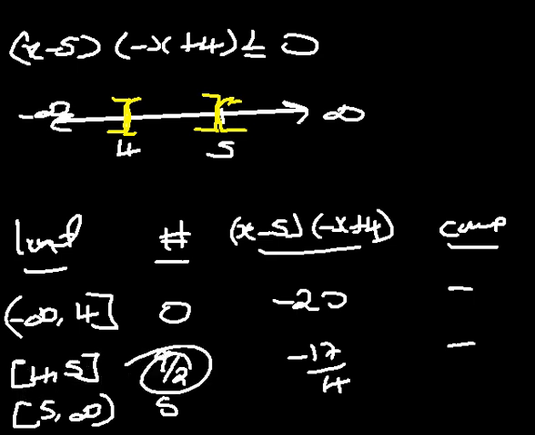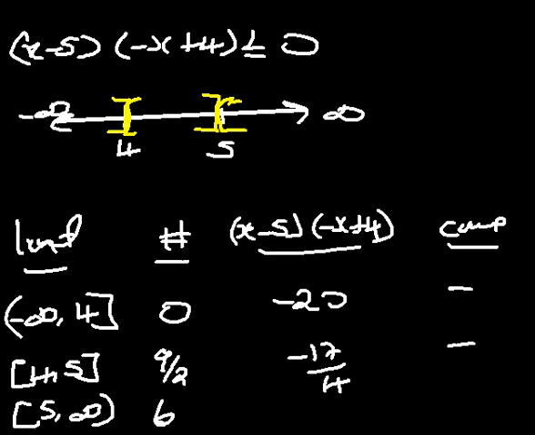This was a great idea, because if you substitute 5 here, we'll have 0, which is contrary to the expectations. So now we just have to choose the values between the intervals.